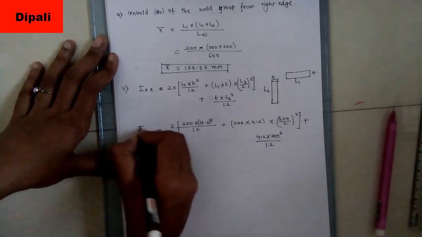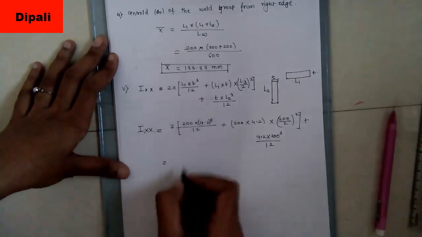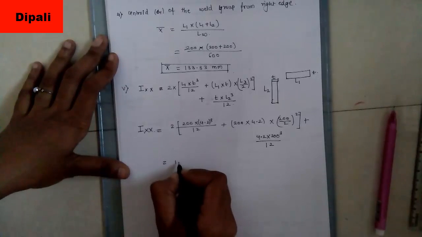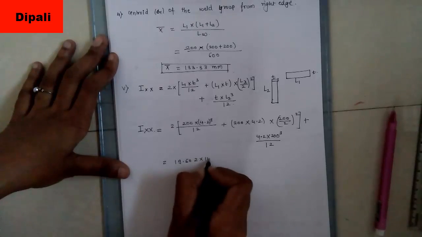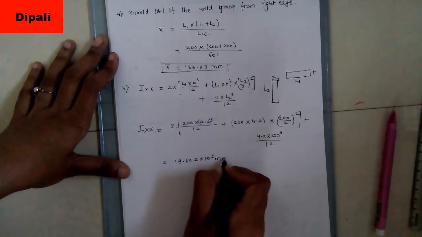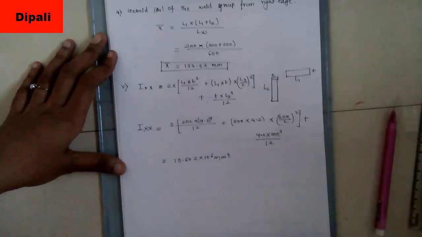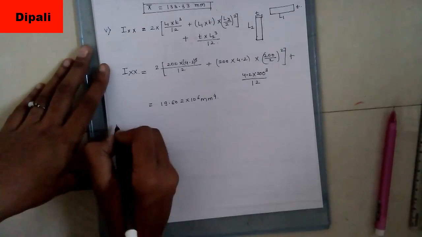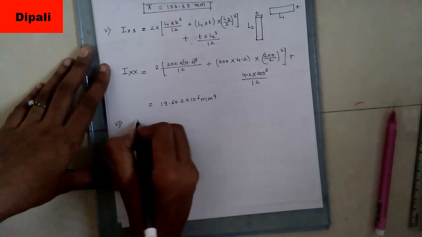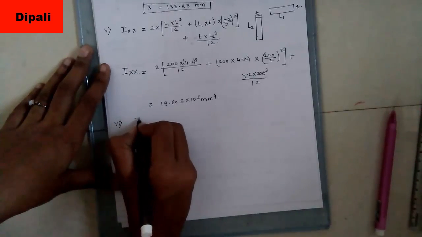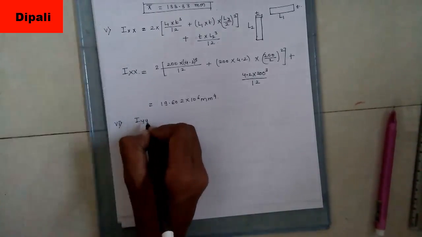After the calculation, Ixx equals 19.602 into 10 to the power 6 mm to the power 4. Next, the sixth step is to calculate Iyy.